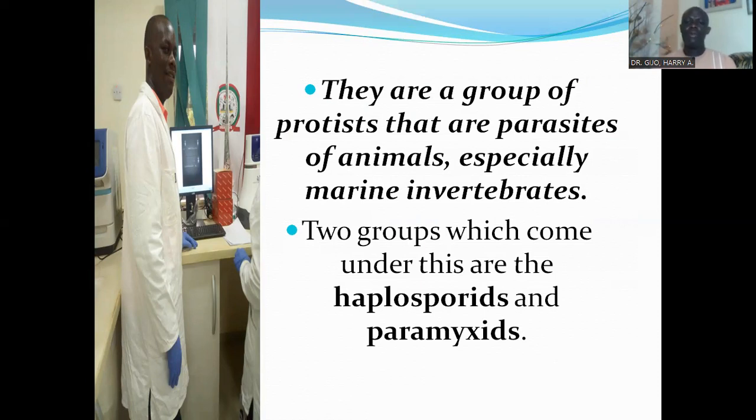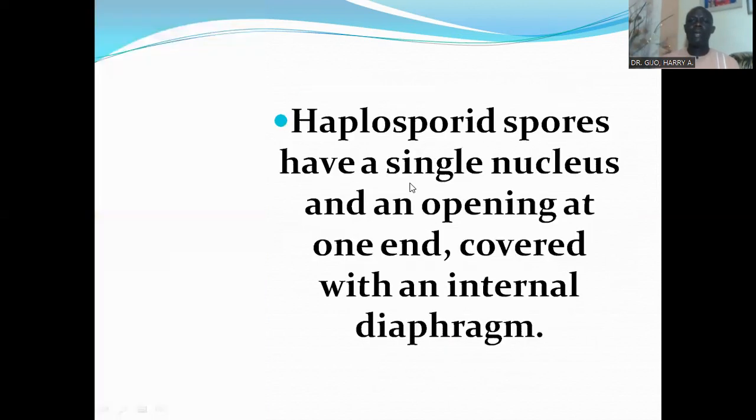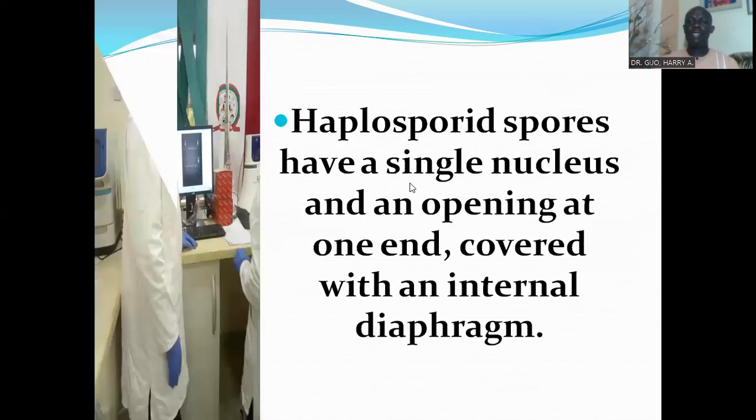Two groups come under this: the haplosporids and the paramyxids. The haplosporid spores have a single nucleus and an opening at one end covered with an internal diaphragm.